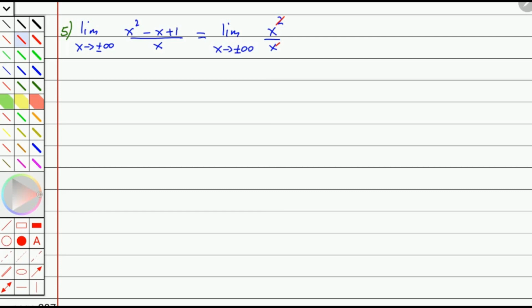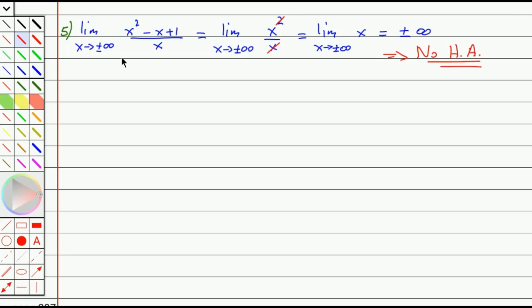We simplify the square with x, so this is equal to limit x goes to plus or minus infinity of x, and this is going to be respectively plus or minus infinity. So obviously, since the limit at infinity gives us infinity, there will be no horizontal asymptote.